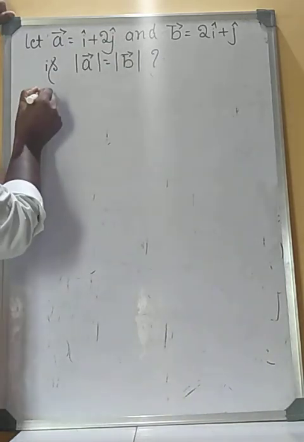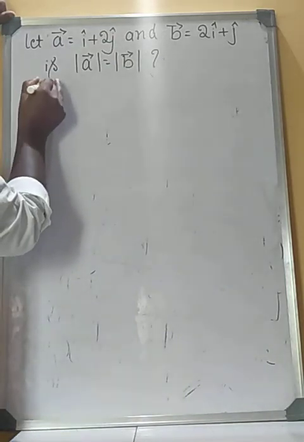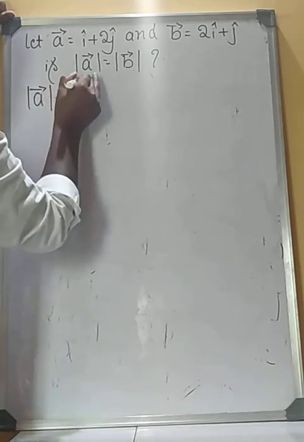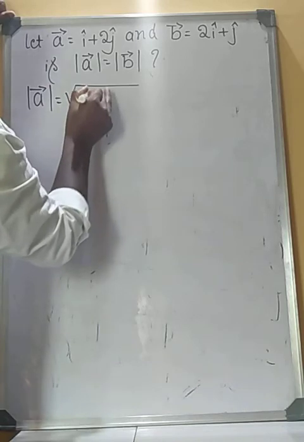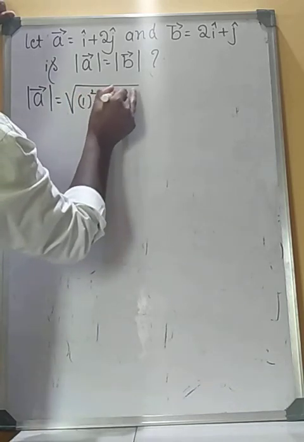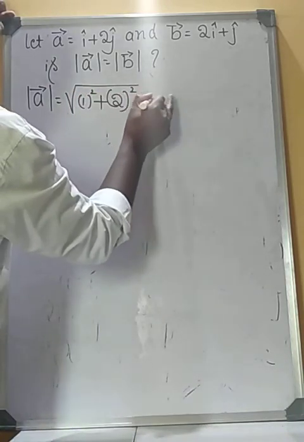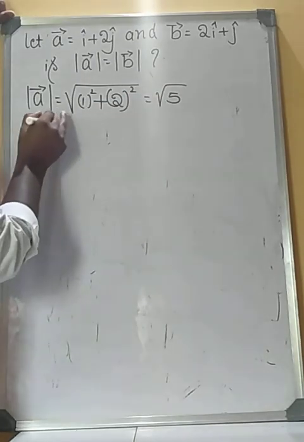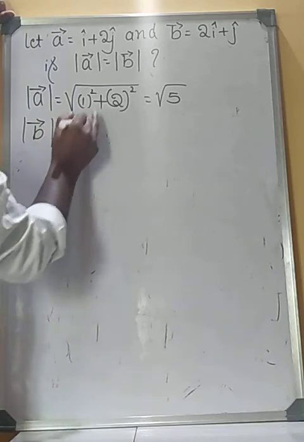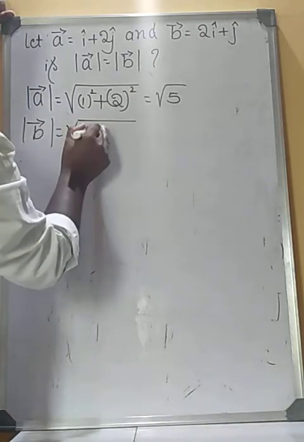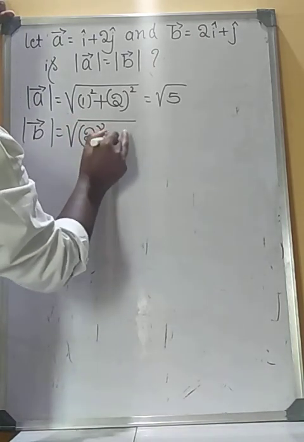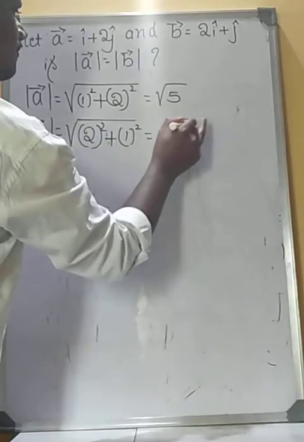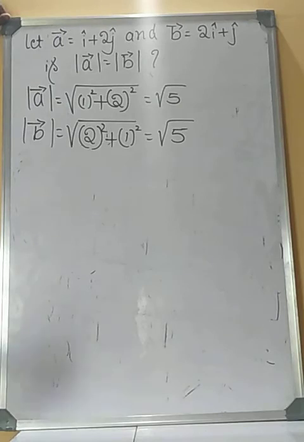Vector A is i plus 2j, so the magnitude of vector A is root of 1 square plus 2 square, that is root 5. The magnitude of vector B is root of 2 square plus 1 square, that is also root 5.